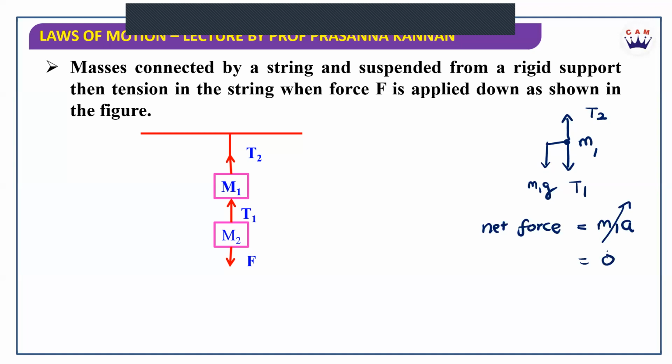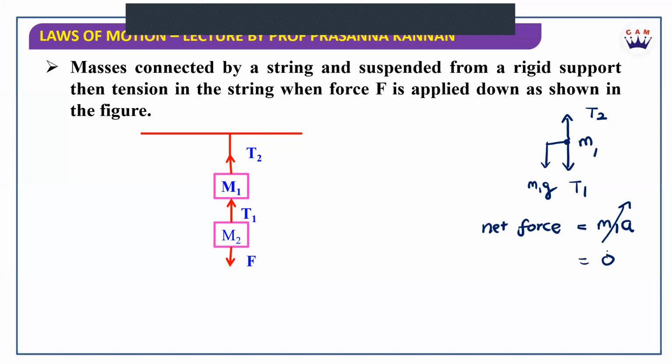And what is the net force, students? Downward force minus upward force. Or you can say upward force minus downward force, because anyways it is equal to zero. So what is the downward force? M1G plus T1, because both are complementing. And what is the opposing force? T2. So can you tell me the equation now? What is the net downward force?